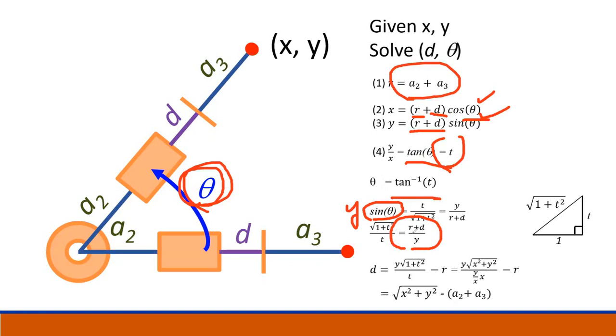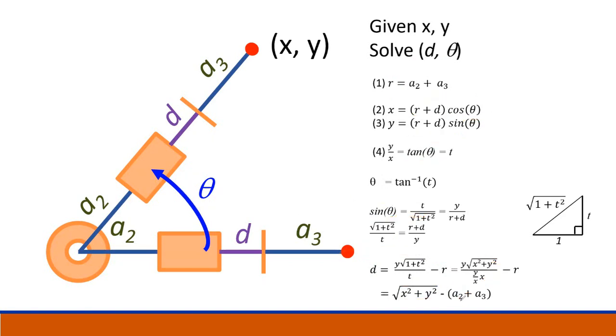So Y over sine theta, minus R, will be your D. Using this one, you should be able to solve your D as well. XY is a known value. A2, A3 are known values as well. And theta is substituted by Y over X. So theta is substituted here, D is substituted here. So you'll be able to figure out what the joint variable is here and the extender's joint variable here. Is that okay so far?